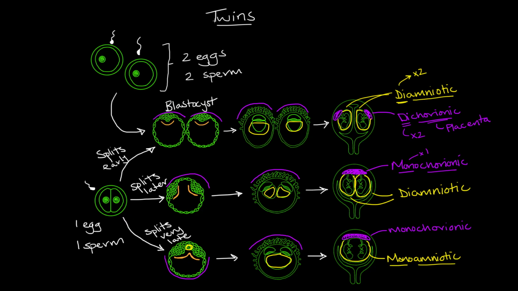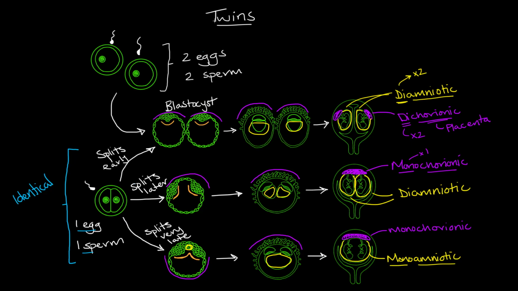Okay, so there's a few other things that I wanted to note here. If twins come from a single egg and a single sperm, these twins are known as identical twins, because they're genetically identical.